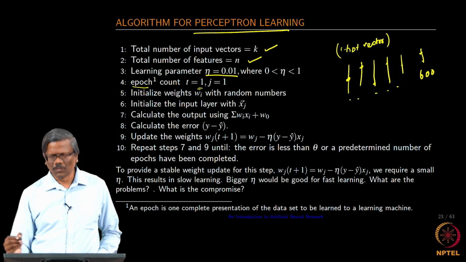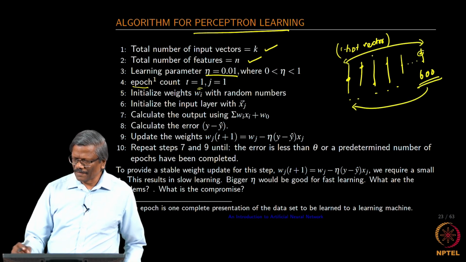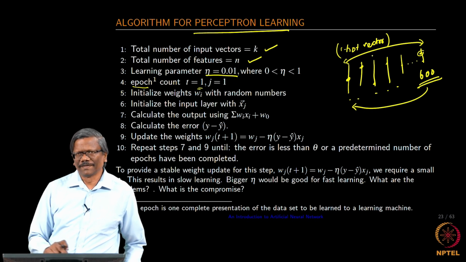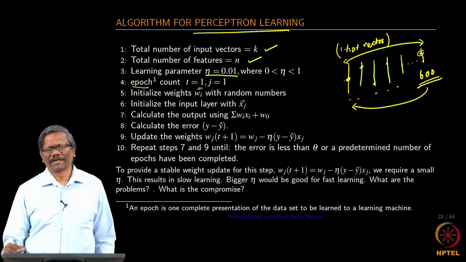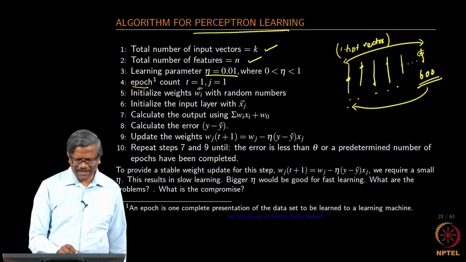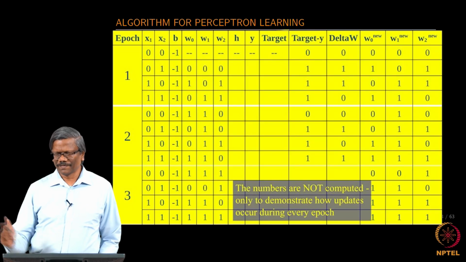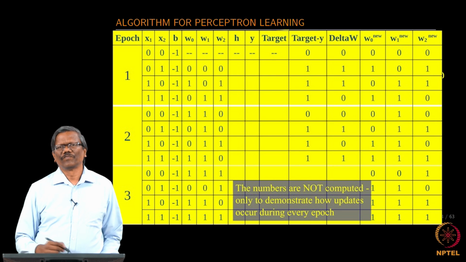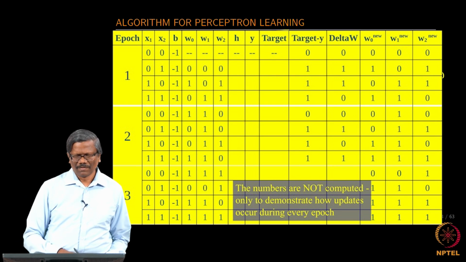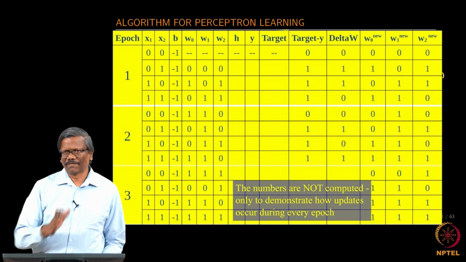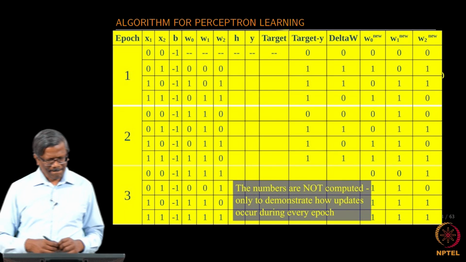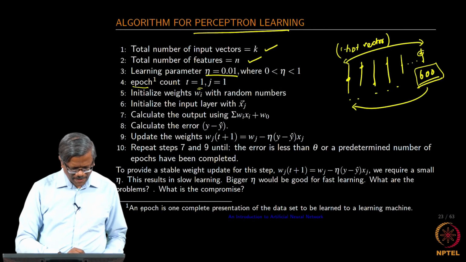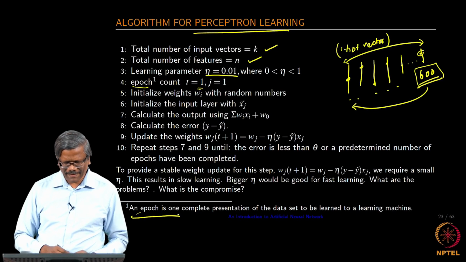So, they represent 1 there. One way is to take every word, compute the error, make the change until it satisfies the input output relationship, and then take the next word and keep going. In this case, I am presenting the entire 600 one hot vectors, not one after the other, and then start making the adjustment every time. Okay. So, this is one epoch. This is one way of presenting the data set.